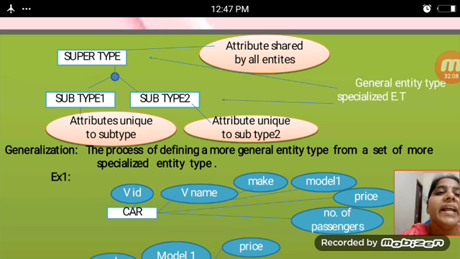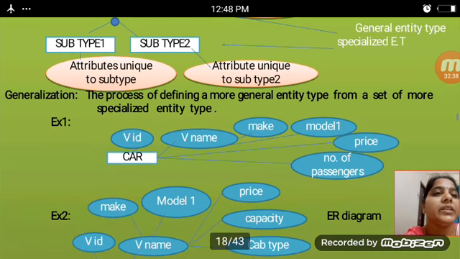The supertype has some attributes shared by all the entities, which are shared by subtype 1 and subtype 2. This is about a general entity. We call the supertype a general entity type, and the subtypes specialized entity types.